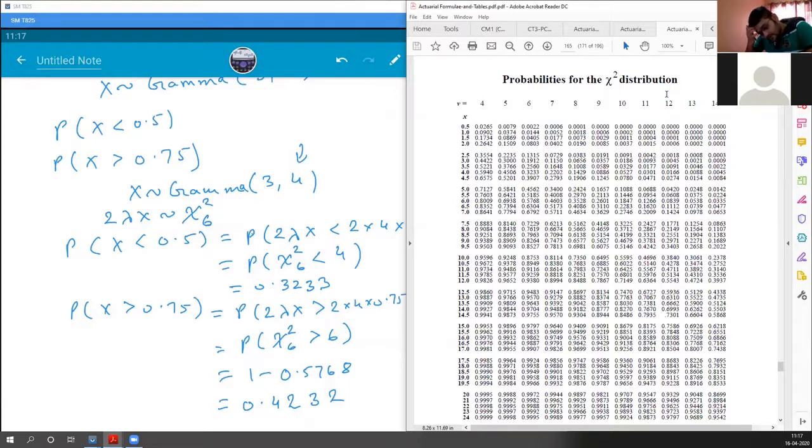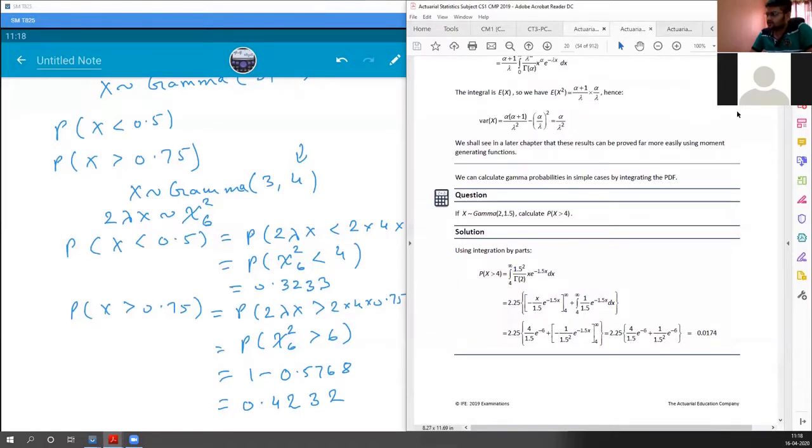We'll be using chi-square later on as well, but right now we'll be using chi-square only to find probabilities of gamma distribution. Okay, so we'll see use of chi-square later on.